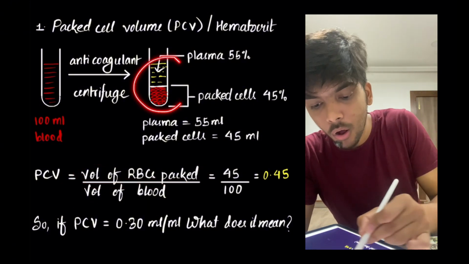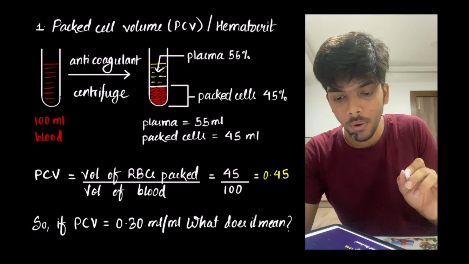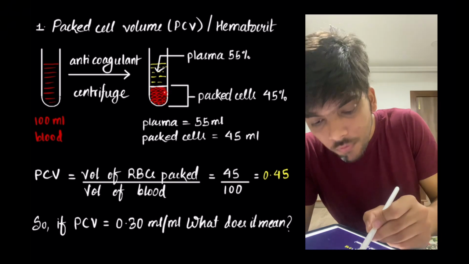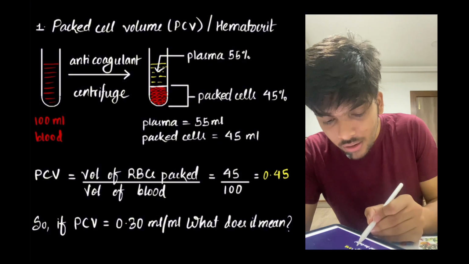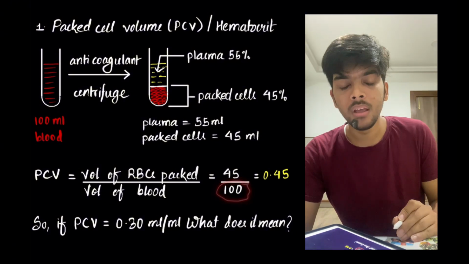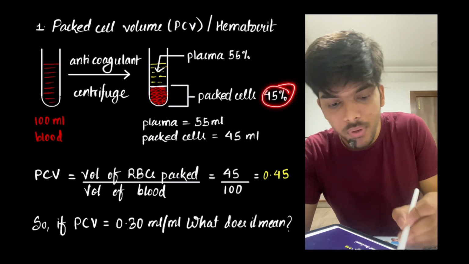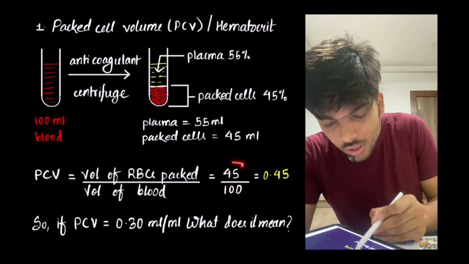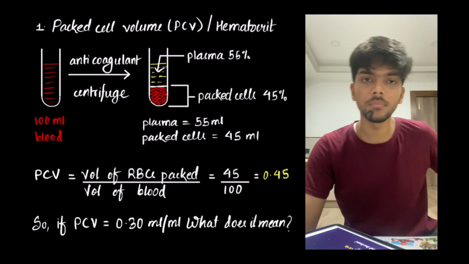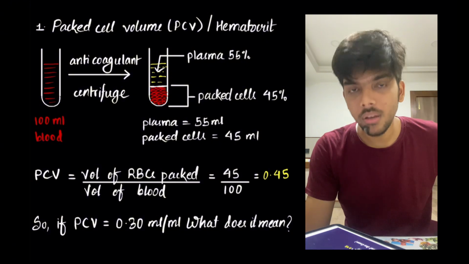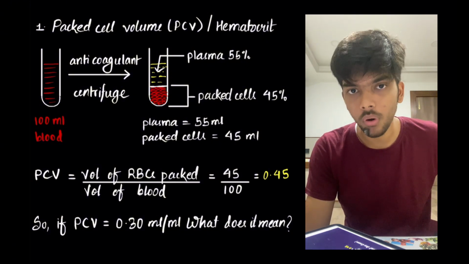So you have your volume of blood. Out of this total volume of blood, how much volume is formed by RBCs that are packed together? In this case, we have taken 100 ml of blood, and the volume of RBCs packed together is 45% of 100 ml, which is 45 ml. So it comes out to be 0.45. So the packed cell volume in a normal individual is 0.45.